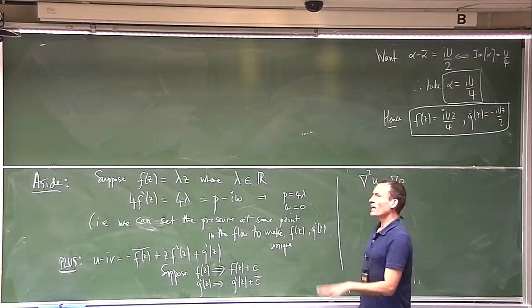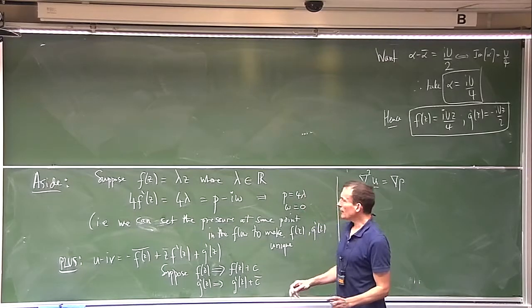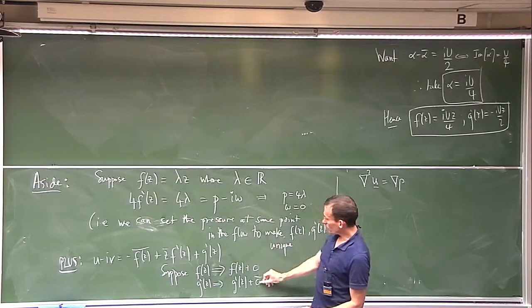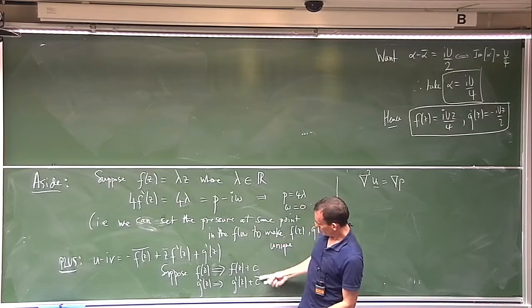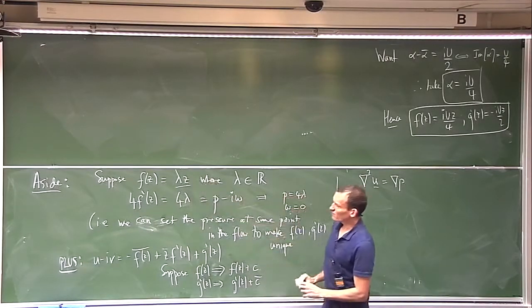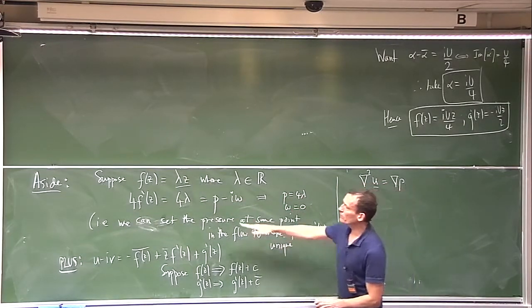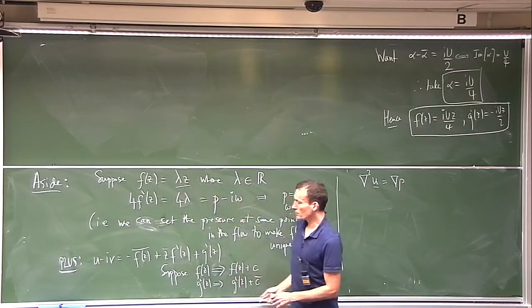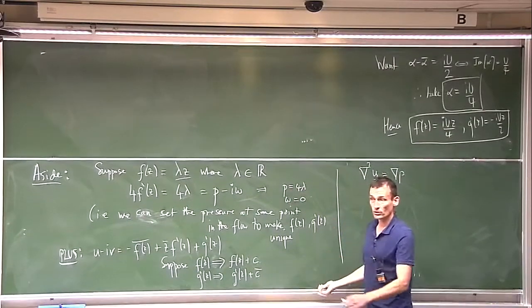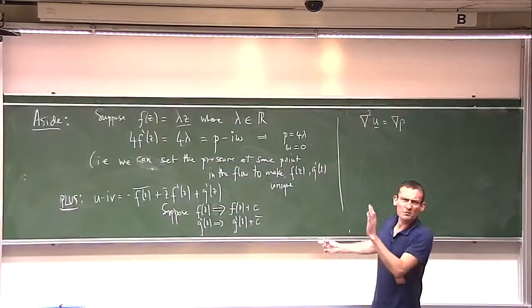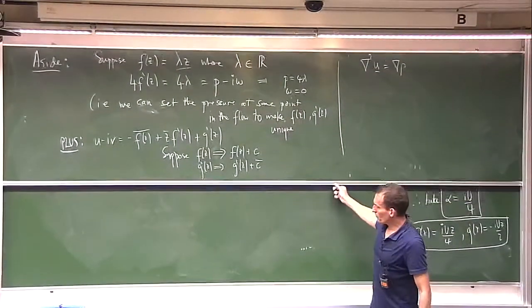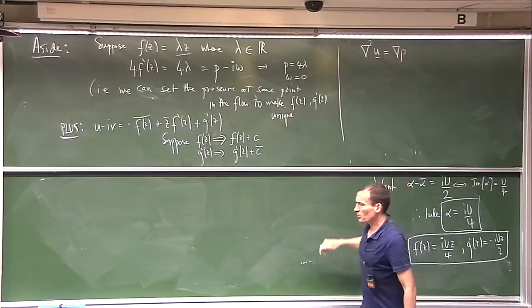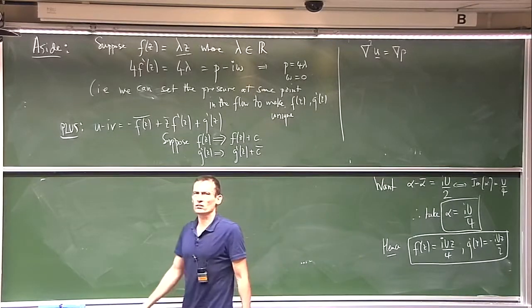Okay. So very good question. I didn't want to spend too much time on this because basically there are freedoms to do with adding a constant to F and G in this way, and adding these basically pressure fields, these linear functions of Z, to F to make it unique. But it's an excellent question. I didn't want to spend too much time on that. It's true, and I'm glad you pointed it out. And textbooks tend to spend pages and pages on this.